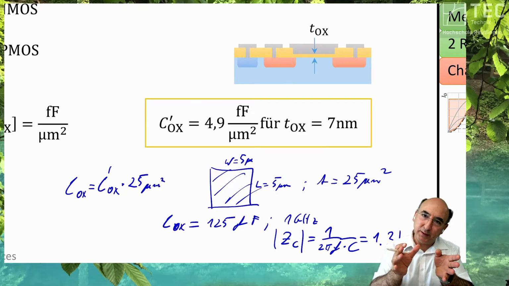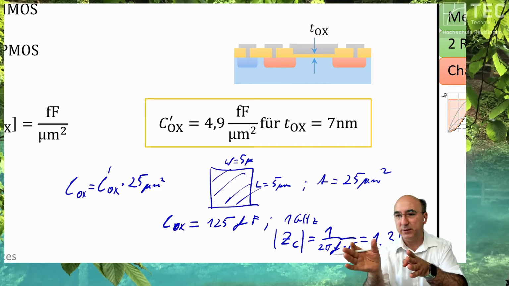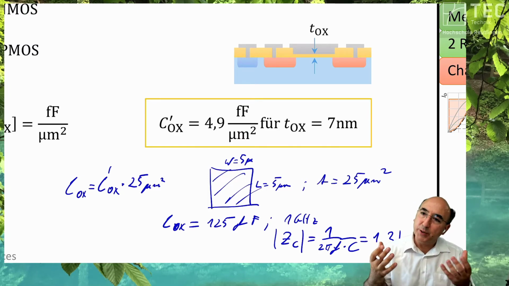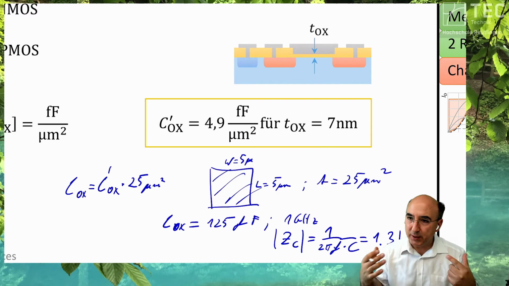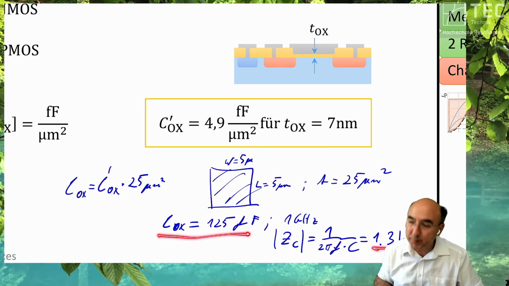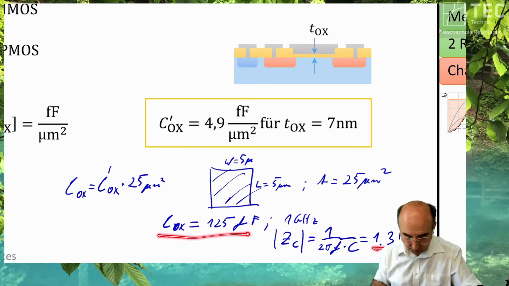So left side is towards 0, and right side is towards kilo ohm, something like that. So this is the area where you are if you do analog design. Just take reference all these values to real impedances at the frequency of interest.